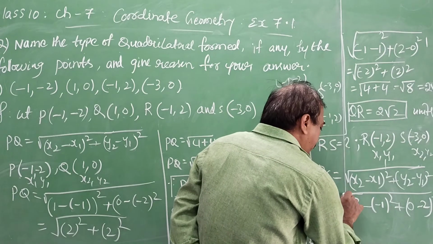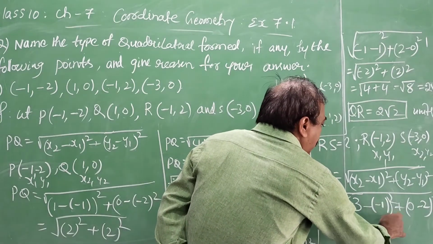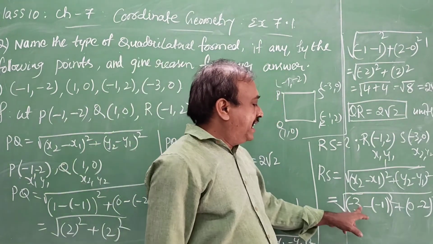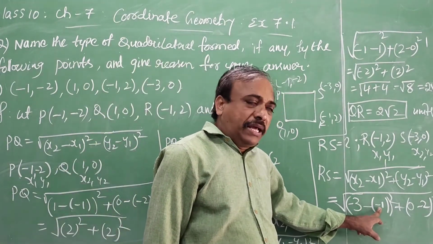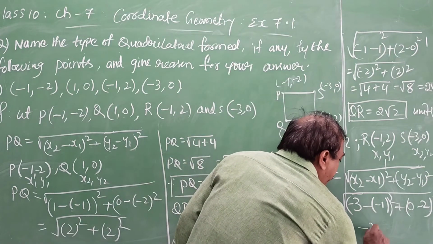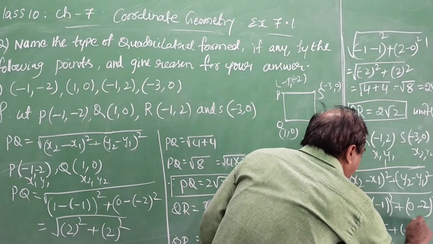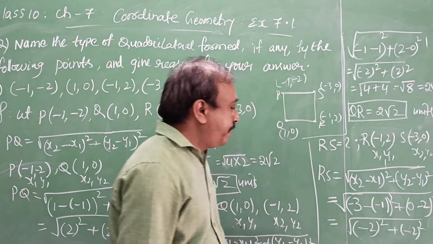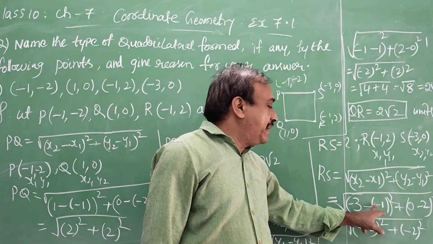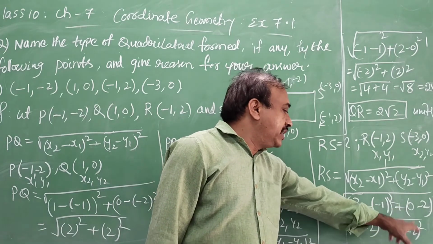Now you see this one: minus 3 minus of minus 1. Observe it. Minus 3 minus into minus is plus, minus 3 plus 1 is minus 2, whole square, plus minus 2 whole square. 0 minus 2 is minus 2.